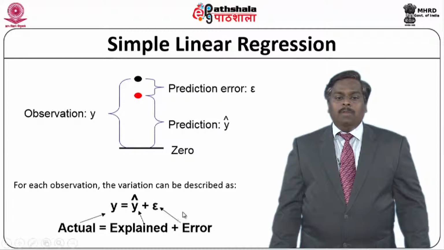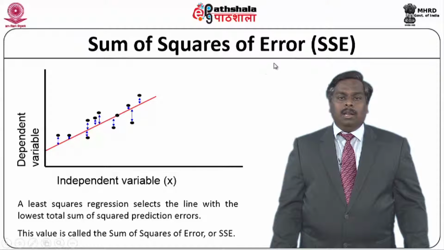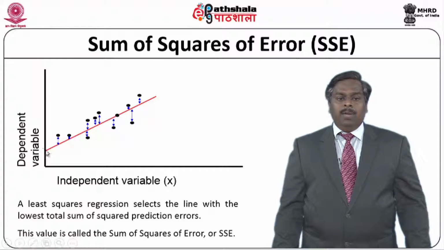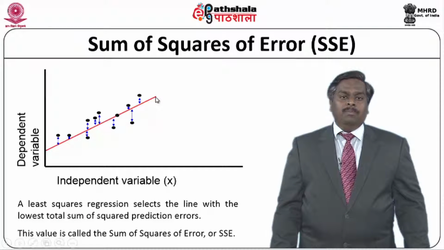So, how to quantify this error and how to take an account of this error? Normally what we do is, we quantify the error using sum of squares of error. What exactly you mean by sum of squares of error is, given the line which you have fit using the given variable, say x, we can always identify what is the difference of the observed data with respect to this straight line.